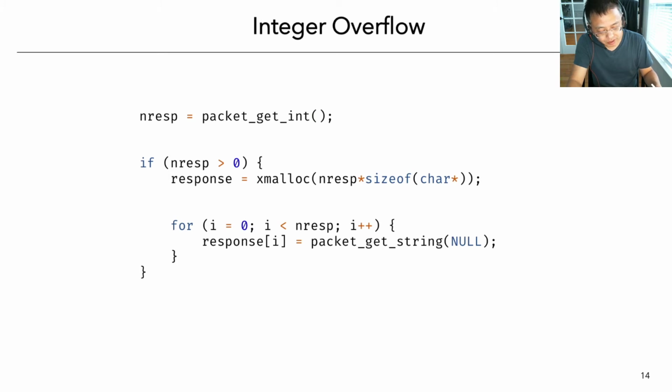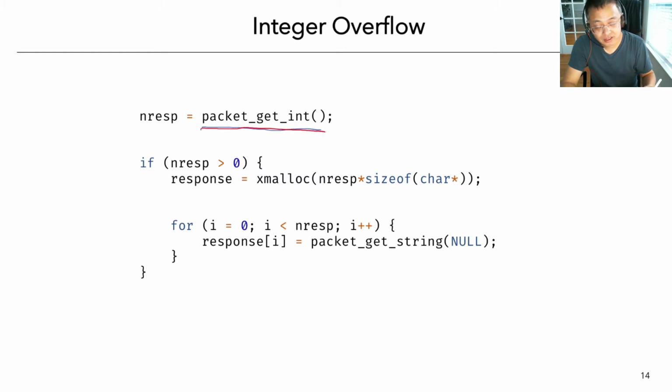So the second vulnerability is integer overflow. Okay, so take a look. Where is the possibility of integer overflow? Okay, so if we look at this, packet get int.